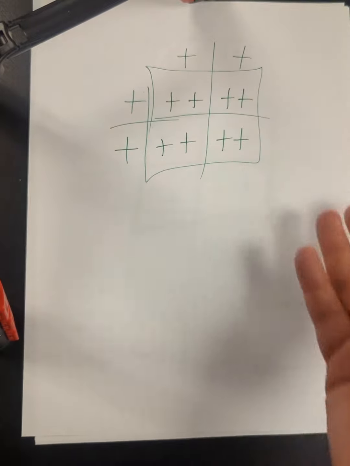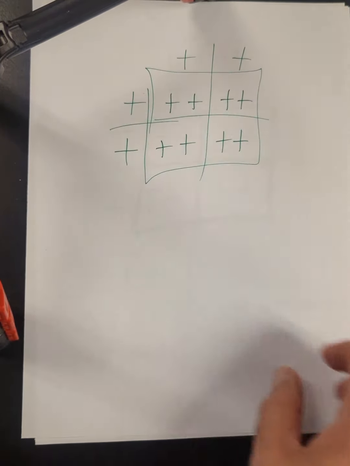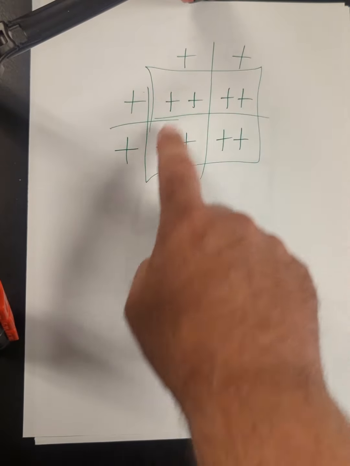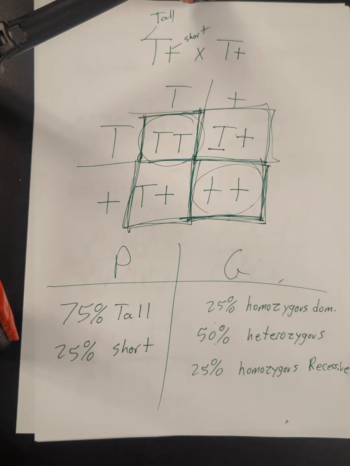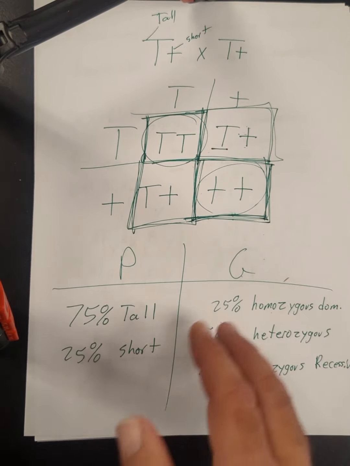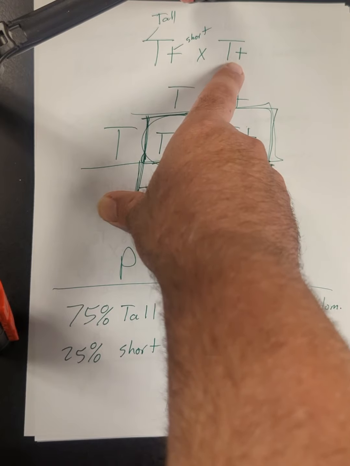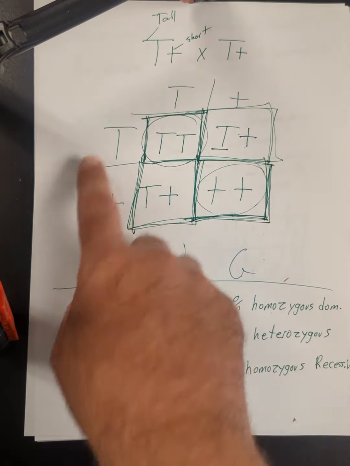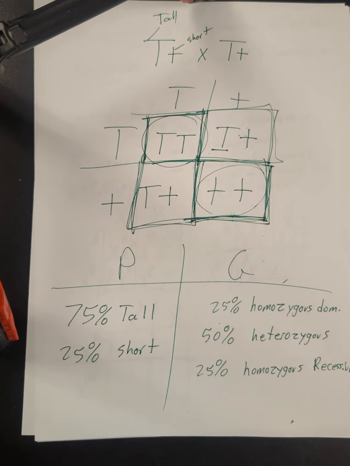This is just another Punnett Square. Both parents, though, are homozygous recessive. So that means every child will be homozygous recessive. All right. Here's another Punnett Square where you have two heterozygous parents. So we do the Punnett Square, and we find out that phenotypically, 75% of them will be tall and 25% will be short.